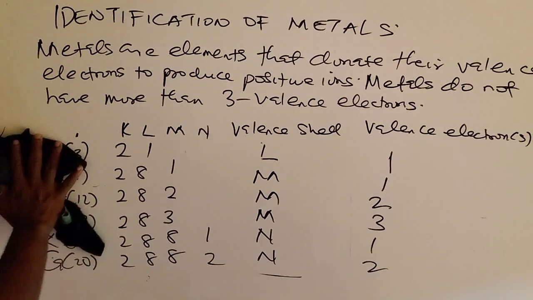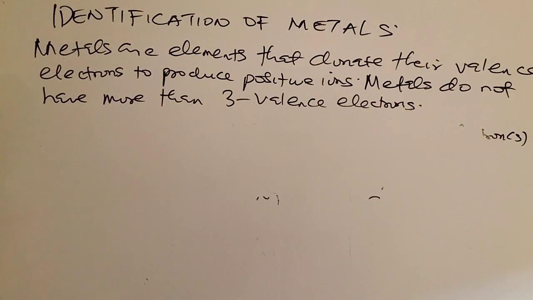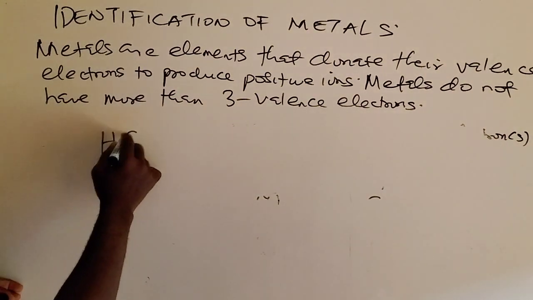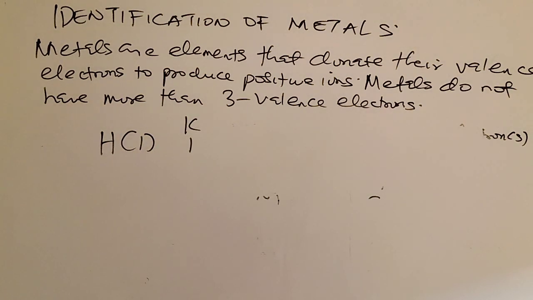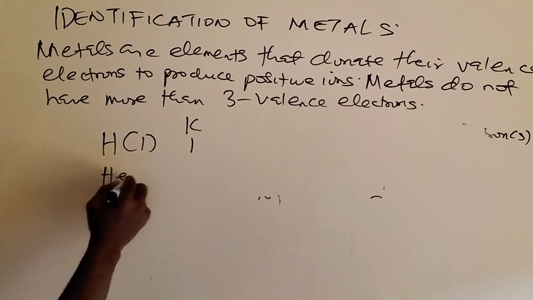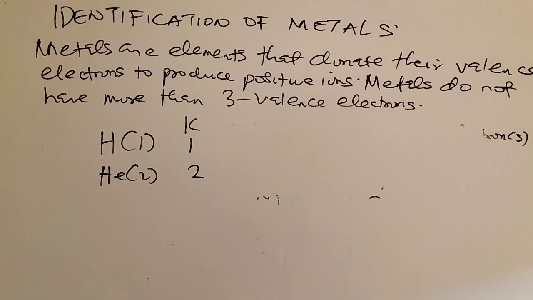Yes. There are some examples in the first 20 series. Hydrogen has only 1 in the K shell, but hydrogen is a non-metal because it possesses non-metallic properties. Helium also has 2 in the K shell. It's also another non-metal.